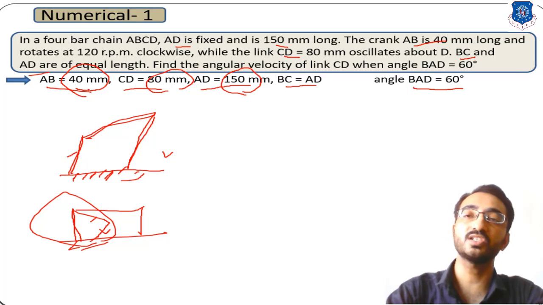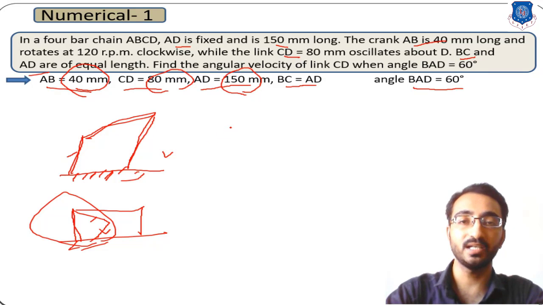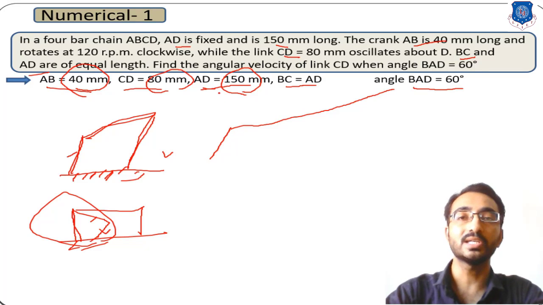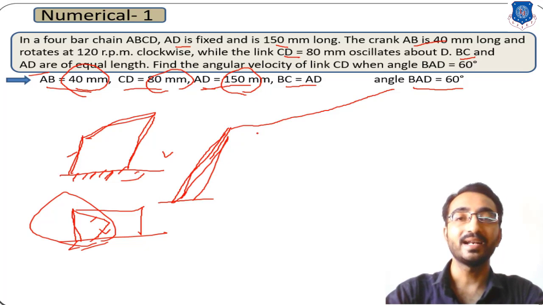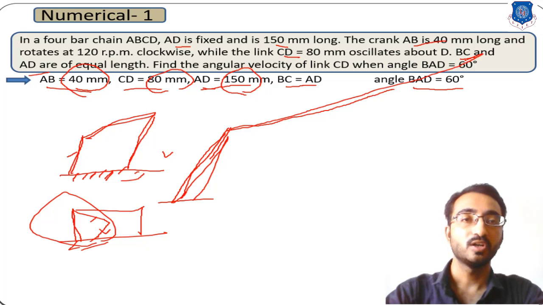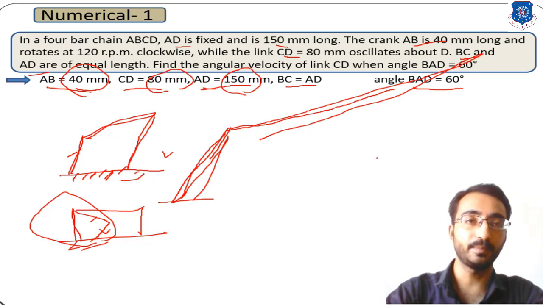If you sketch a line of 40 mm, that is 4 cm, you can sketch it. But the second dimension AD is 150 mm, that is 15 cm. If you sketch with the same dimensions, it is too large to sketch in a simple sketch on simple paper.